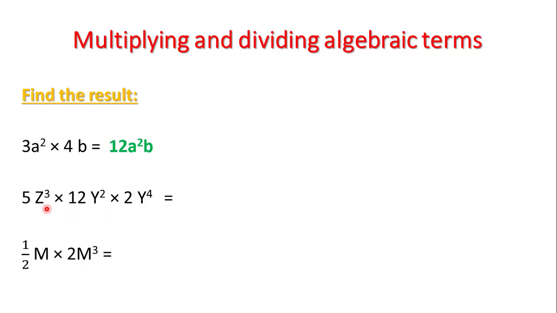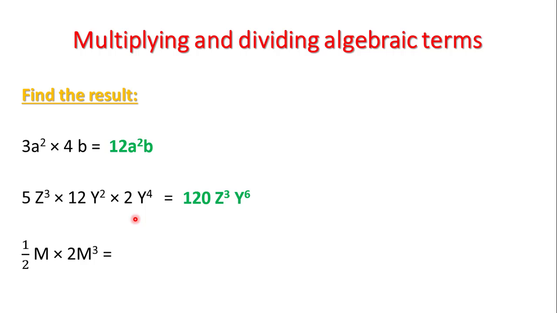Now we have z power 3 and we have y power 2 and y power 4. So I have the same base. Then I'll add the powers. So I write 120 z power 3. Then we have y power 2 plus 4, which is y power 6. So the result will be 120 z power 3 y power 6.